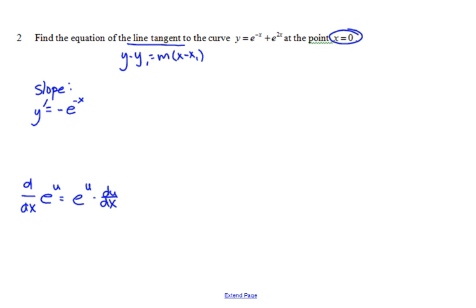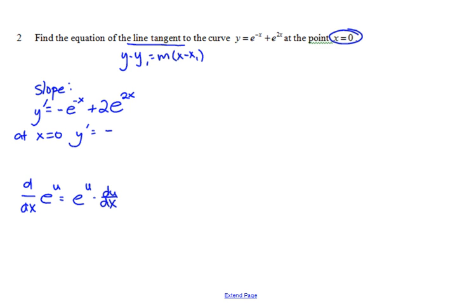Because it's an exponential function, which is different than just an x squared, for example. Plus, what's the derivative of e to the power of 2x? E to the 2x times 2. Derivative of the exponent was 2. Okay, so at x equals 0, what's our y prime equal to?